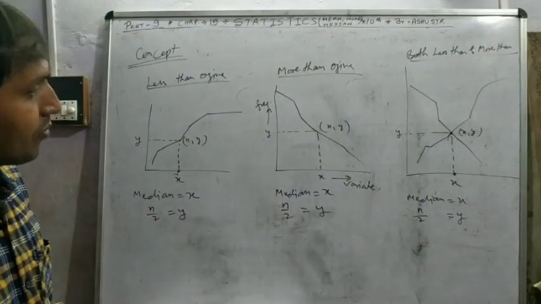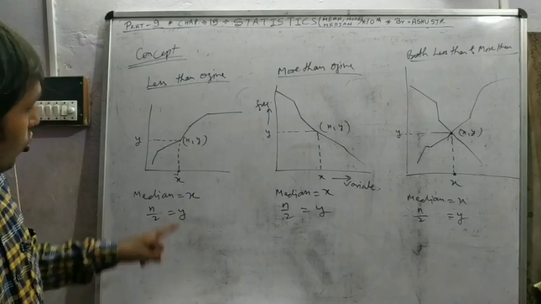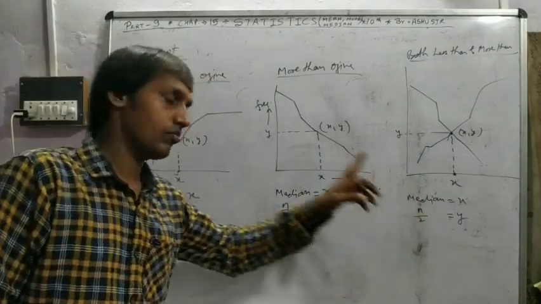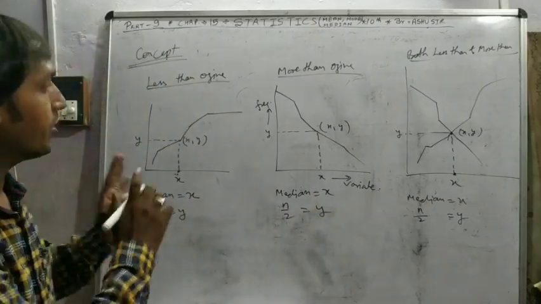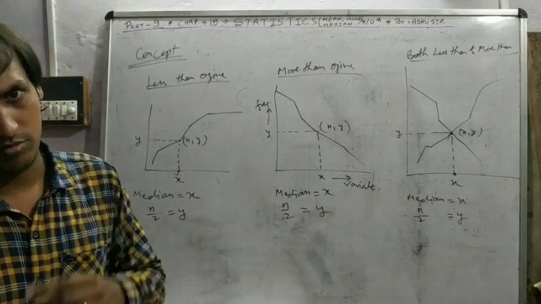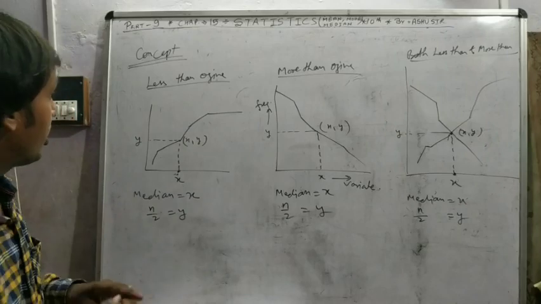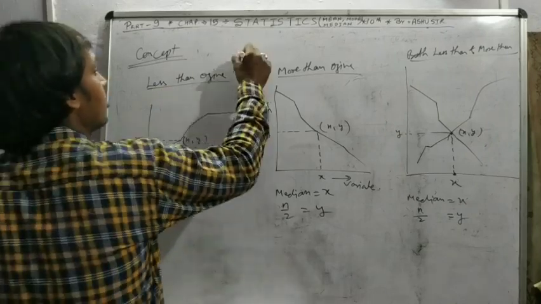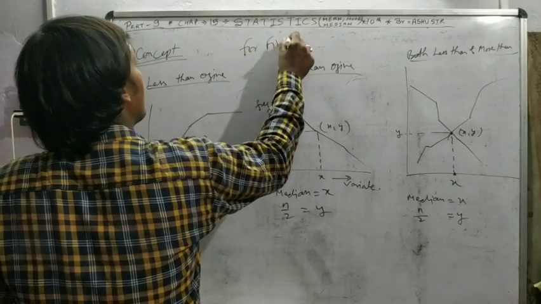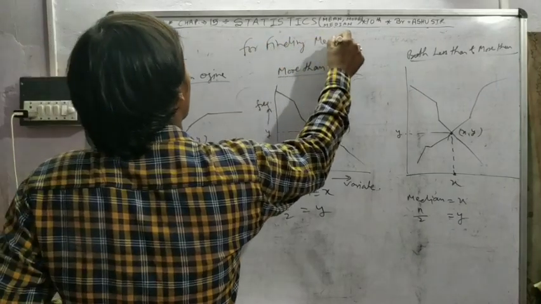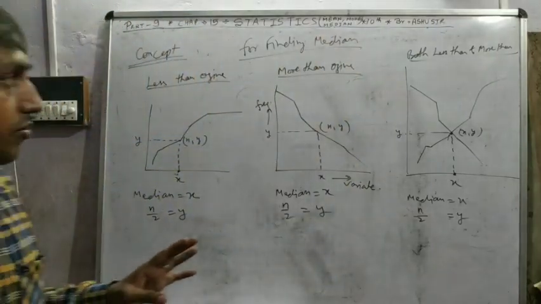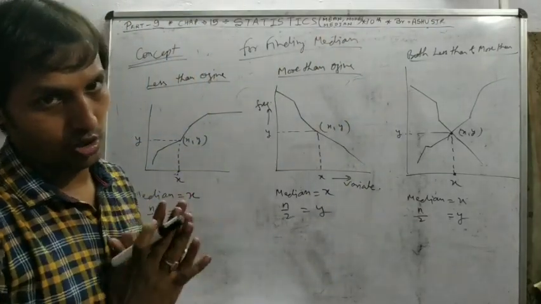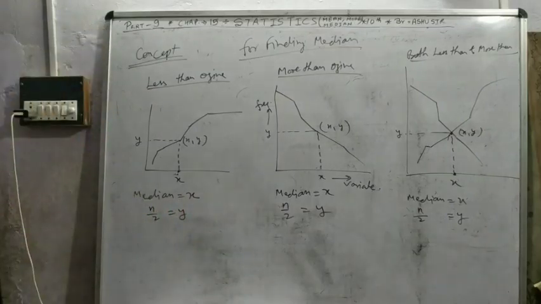If you take the same data, the median is same, n by 2 is same, only the graphical representation is different. And this is only for finding the median, not for mean, not for mode. I hope you understand. So pause video, note down.